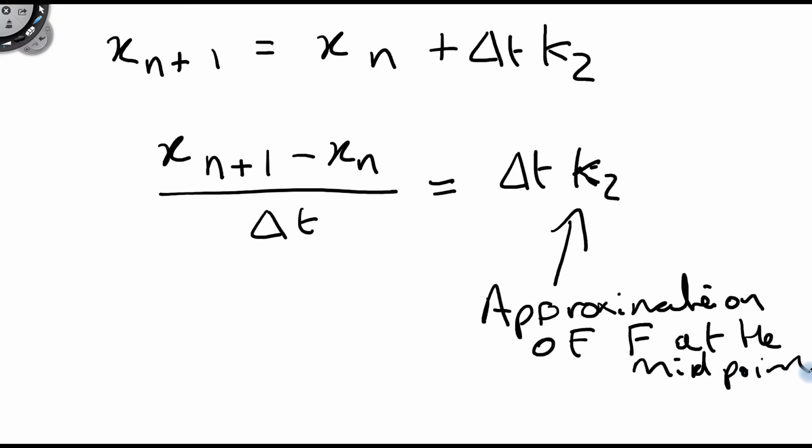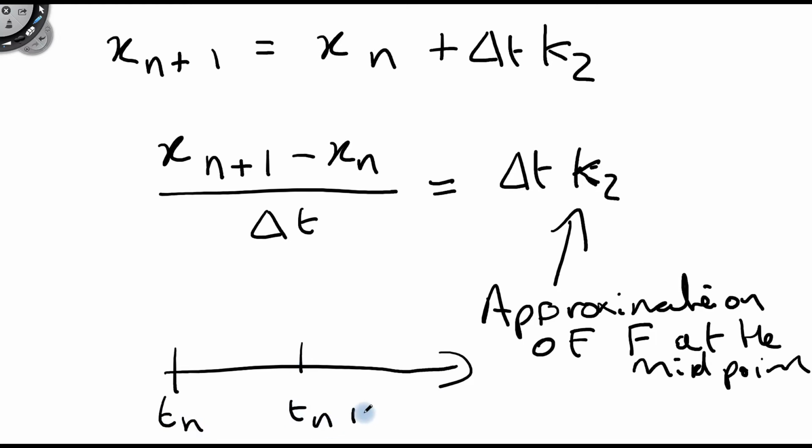So let's just draw a little timeline again, how it works. If that's Tn and that's Tn plus delta t, the points that you're evaluating the function on, this time at the first point, and you're doing it such that you get the middle value point, and that goes into the formula. So it's structured differently from the RK2 Heun scheme.